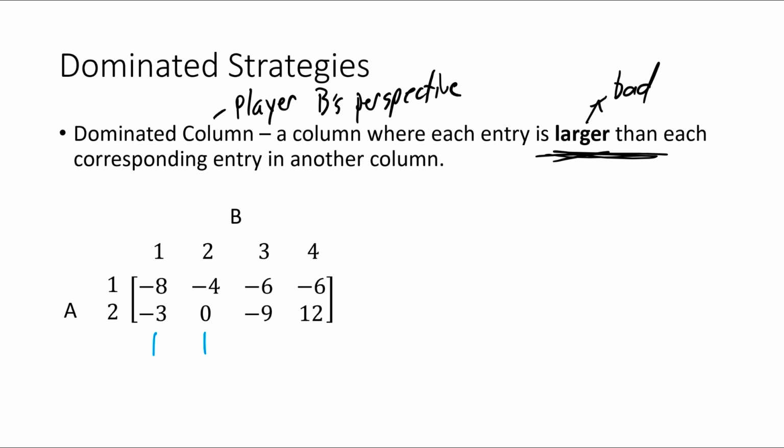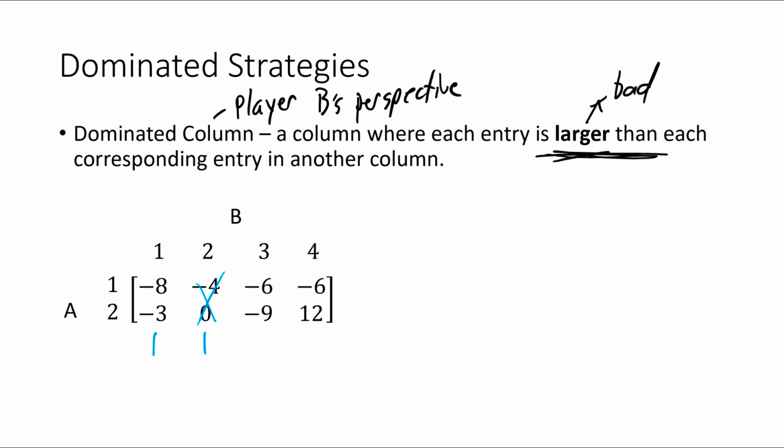When we compare columns 1 and 2, we have winning $8 and winning $4. So winning 8 is better than winning 4. And then we have winning $3, which is also better than winning $0. So column 2 is going to be a dominated column. It's dominated by column 1. And that's because -8 is smaller than -4, -3 is smaller than 0.